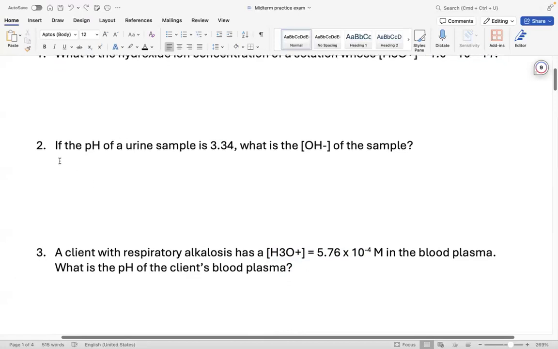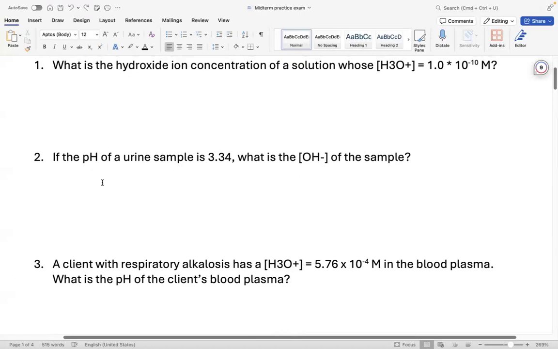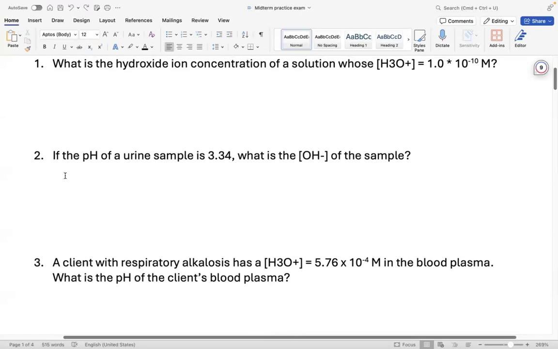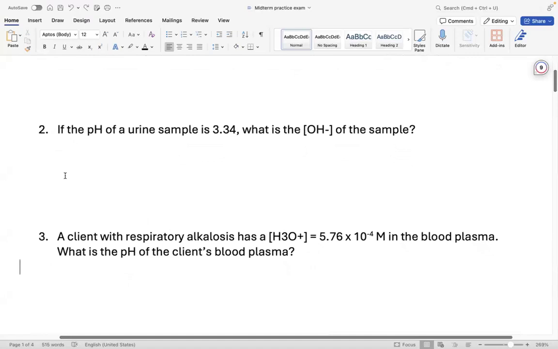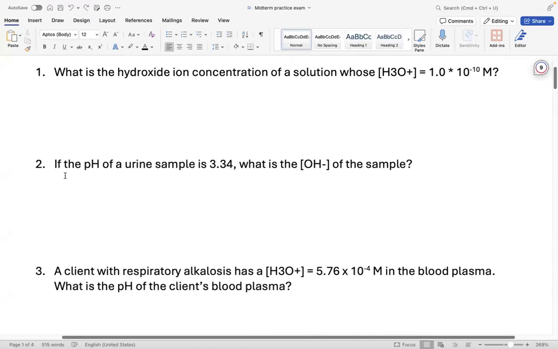All right, so number 2. Actually, it's good that we're redoing this because I started the recording after I explained number 2, so you actually would have missed this in the recording, to be honest. All right, so we have pH, right? We know that that's 3.34, and we want to figure out what's the OH concentration.